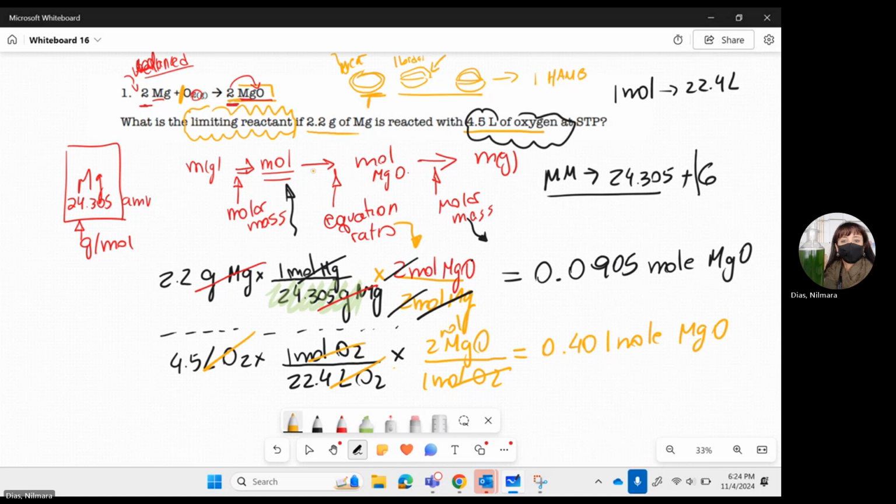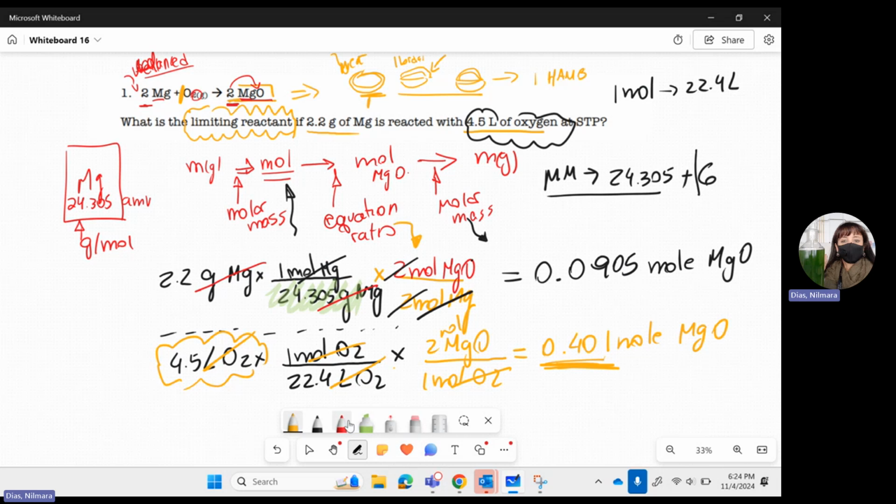So with this quantity of oxygen, I can produce less magnesium oxide. But it doesn't matter, exactly like with the bread. It doesn't matter if I have 1 liter, 2 liters, 10 liters of oxygen. If I don't have enough magnesium, I will not produce this quantity.